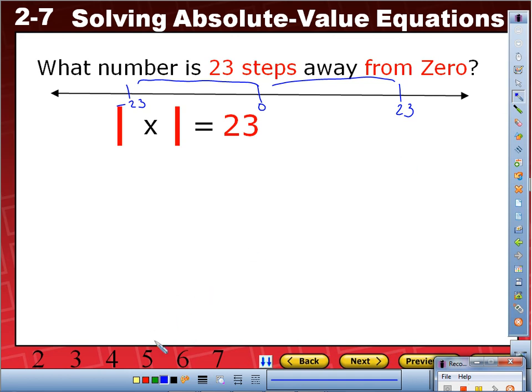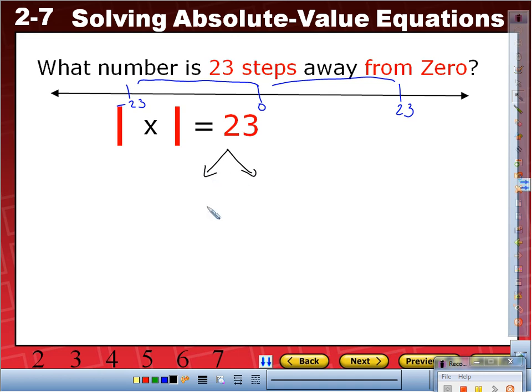So check this out. This is what I do when I solve absolute value equations. I draw 2 arrows because I know that I'm going to get a solution for the negative number, and I'm going to get a solution for the what?